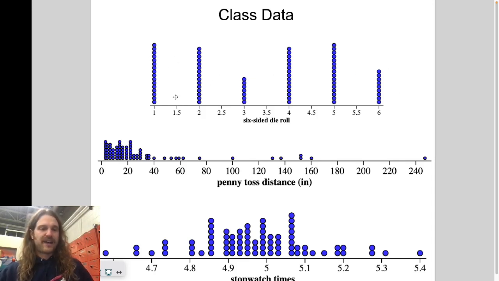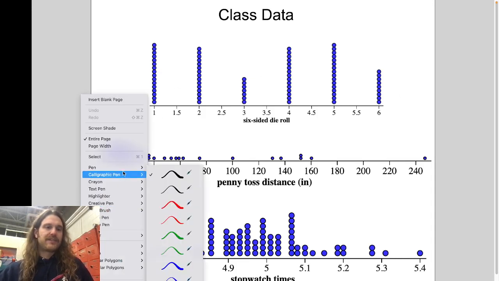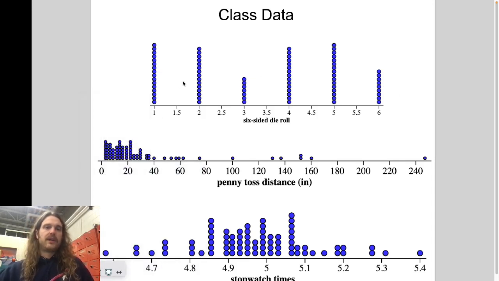We could do thousands of rolls, and they're still going to hover around the same value, roughly the same height. We're going to see natural variation with the rolls, but this is called a uniform distribution, which we're going to talk about in just a minute.